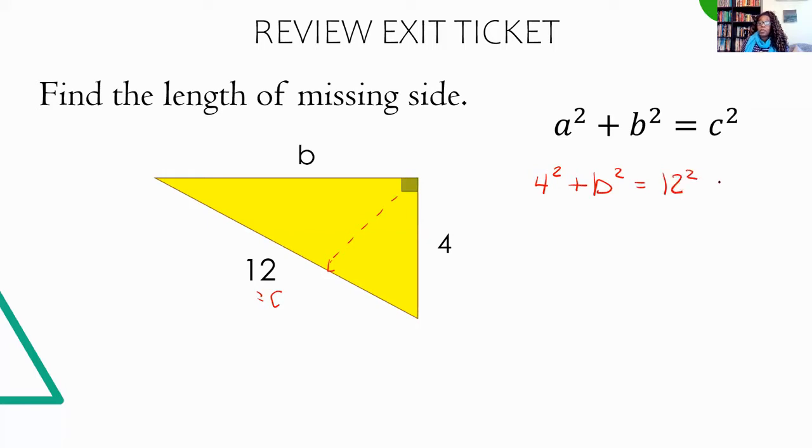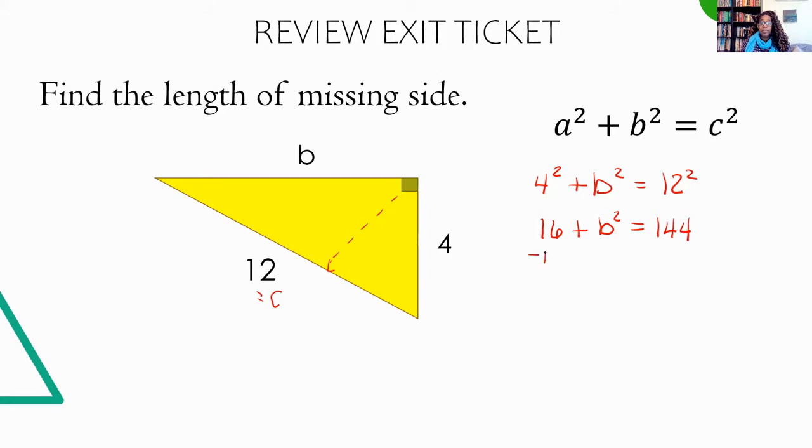So now 4 squared, do not say 8. Remember, 4 squared is that base of 4 being multiplied by itself 2 times, meaning 4 times 4, which gives me 16. Bring my plus and my b squared down. Now my 12 squared, that's 12 times 12, which gives me 144.